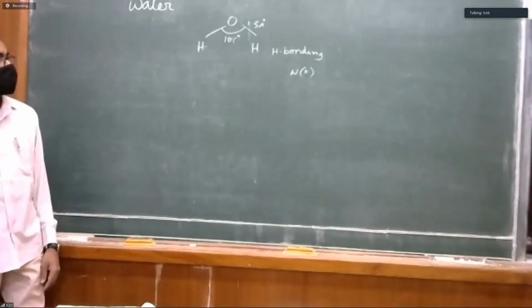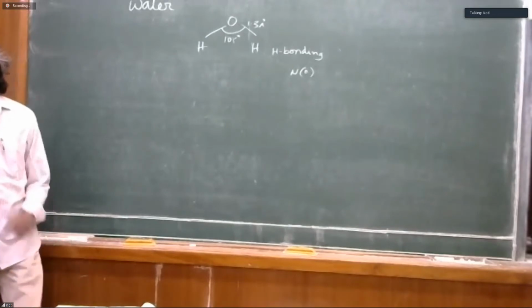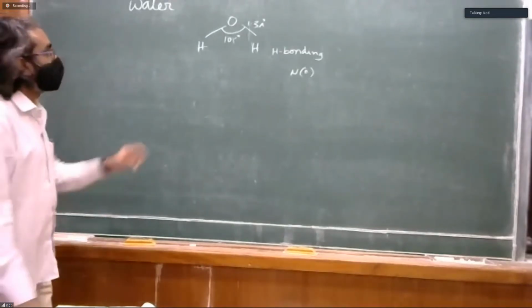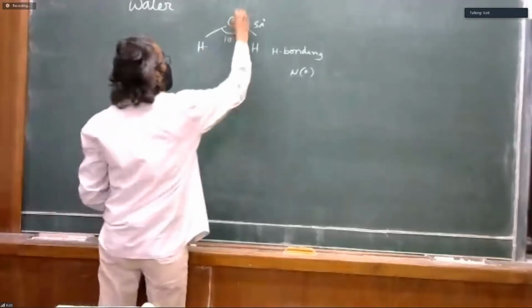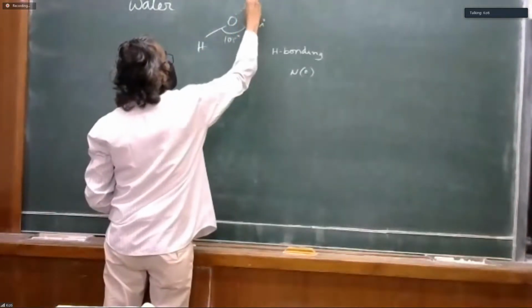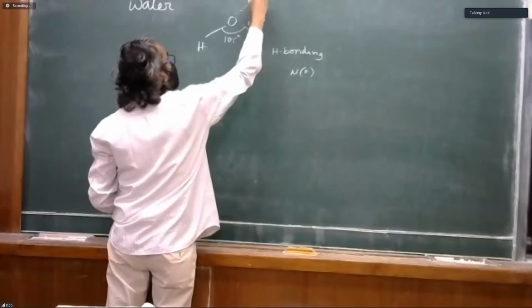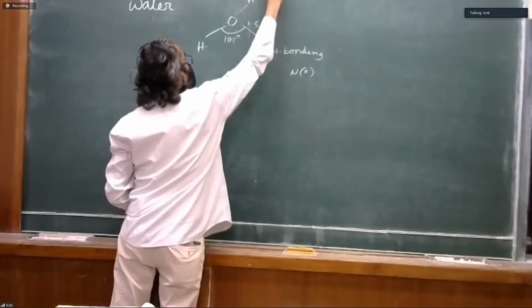So that's an important property of the water molecule, mainly involving hydrogen bonding, either by donating hydrogen or accepting hydrogen from other molecules where hydrogen is attached to an electronegative atom.